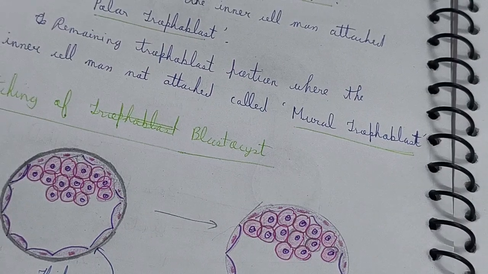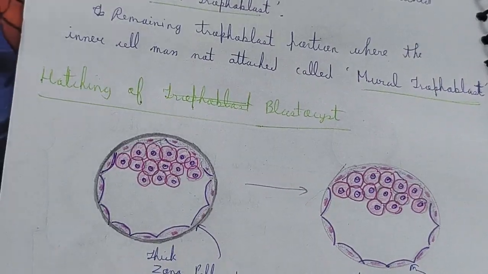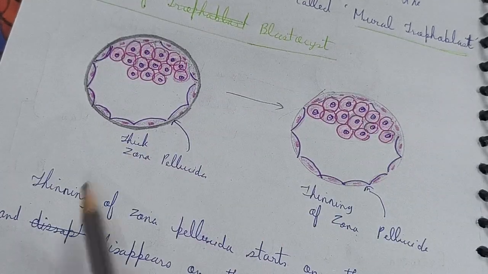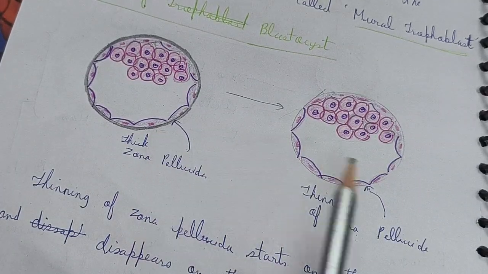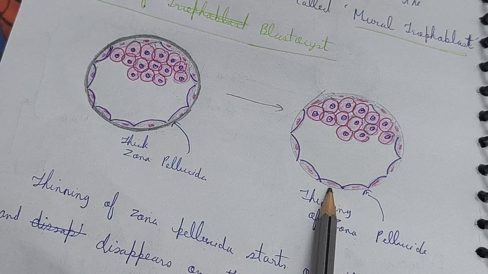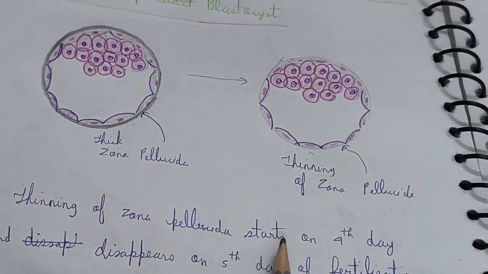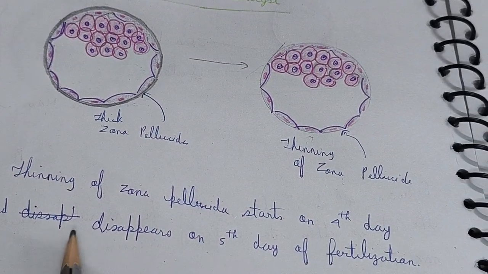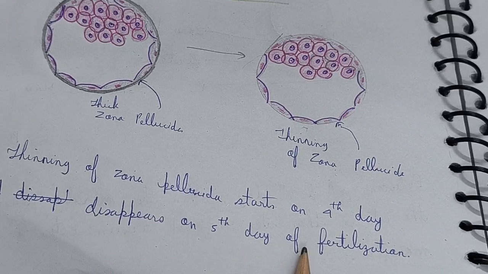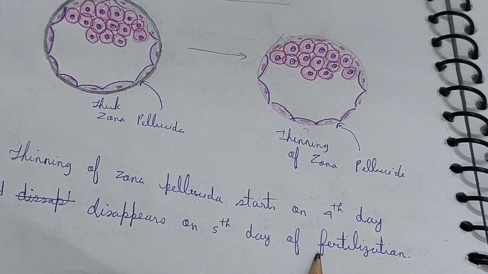Now, hatching of the blastocyst. You can see here that initially it is a thick zona pellucida, but now it has become thin. This thinning of the zona pellucida starts at the 4th day, and it completely disappears at the 5th day of fertilization.